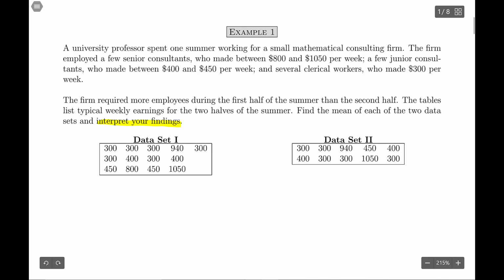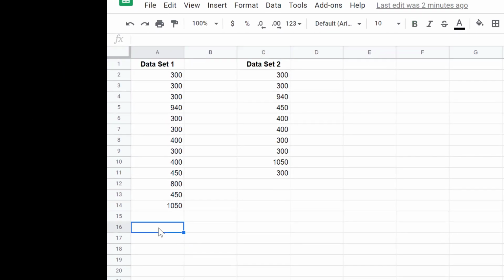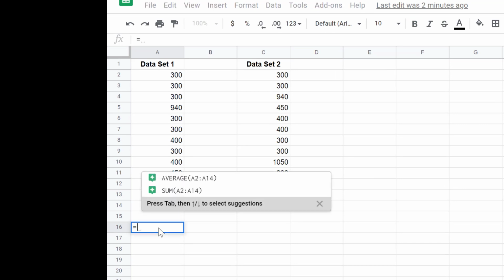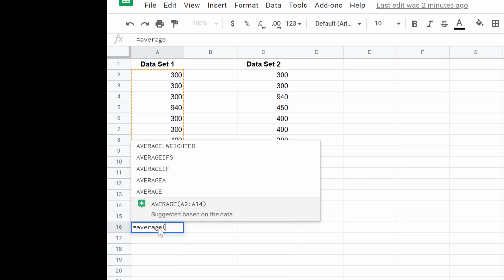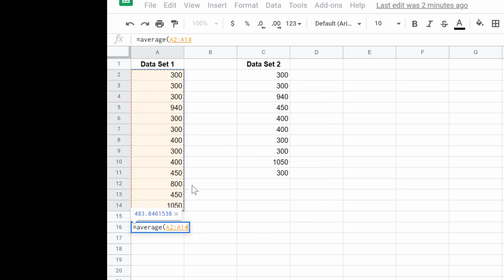I'm going to go over here to Google Sheets. I've already put these data sets in. So all we have to do is at the bottom of the first column for data set 1, simply type in equals, and then type in average, parentheses, and then highlight the entire set that you want to find the average for, and we get 483.846.